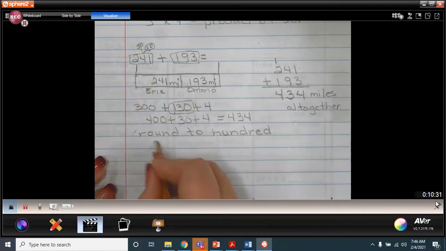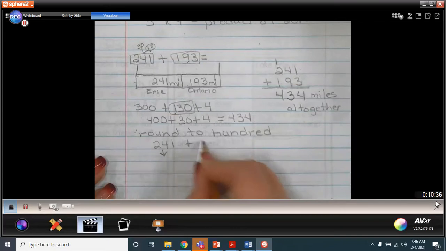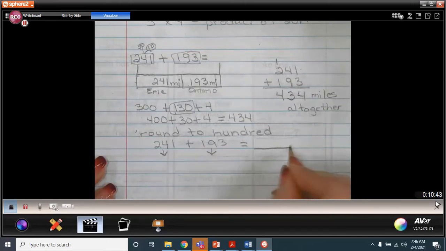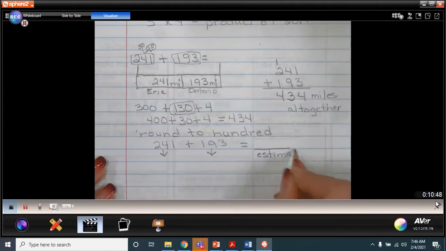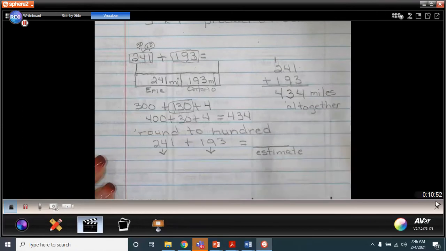So think about 241 rounded to the nearest 100 and 193 rounded to the nearest 100, and then you're going to find the estimate or the rounded version. And let's see how close it is to 434. It should be close to 434 if you round it correctly. So that is your clue or your discussion question in your math today, in your math folder.